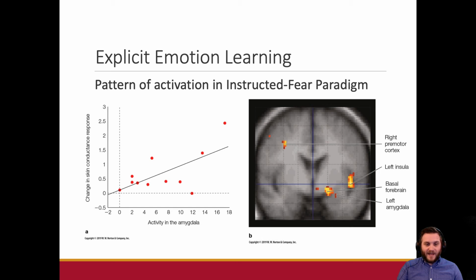So when an angry face that is supposedly going to have a shock associated with it is presented, you're just like, I'm gonna brace for it. And then it never comes, right? So that amygdala activation and the sweat comes from the anticipation of the CS. And so you have this CR, because the amygdala is ready for it. Okay?